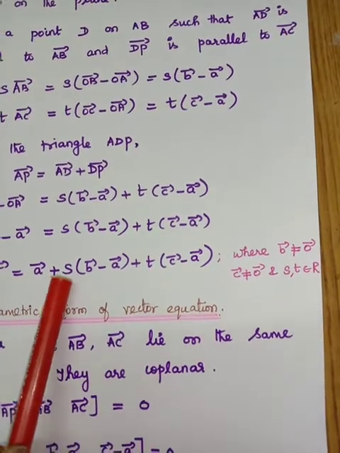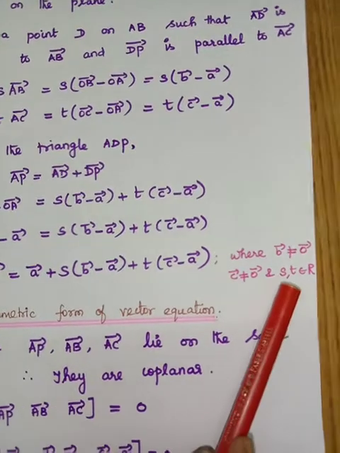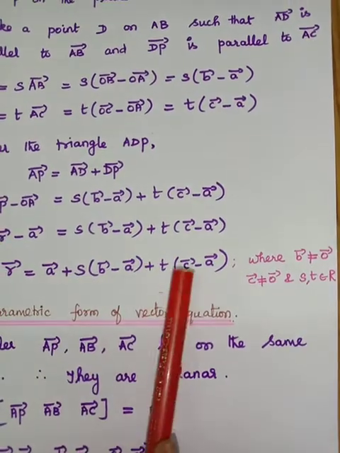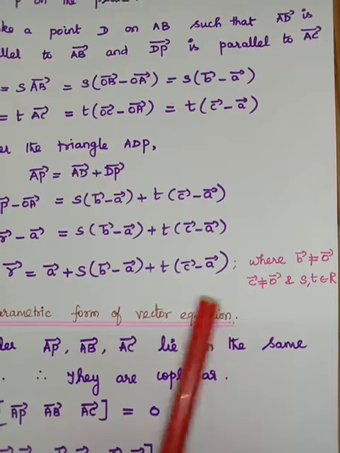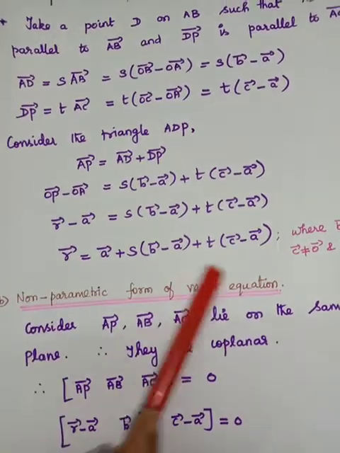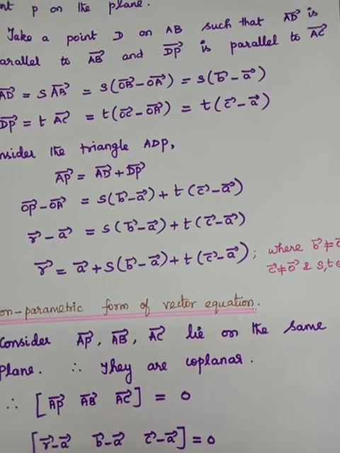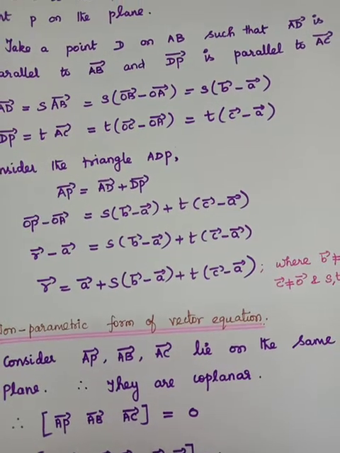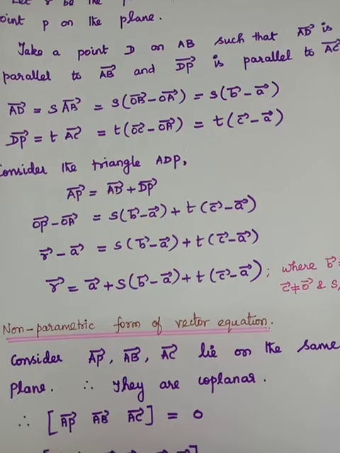Here s, t belong to R, and b vector and c vector are non-zero vectors. So this is the parametric form of the vector equation of the plane passing through three non-collinear points.